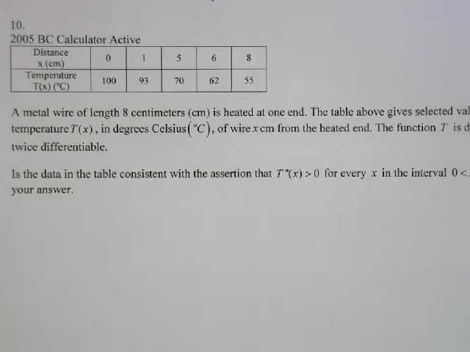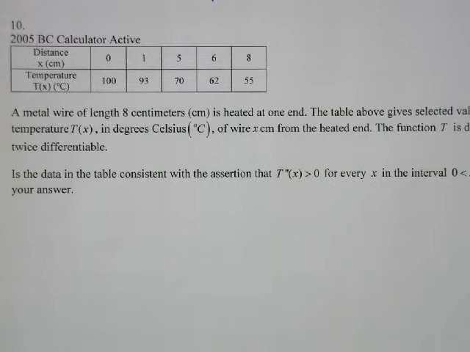Okay, last example. So a metal wire of length 8 centimeters is heated at one end. The table above gives selected values of the temperature T in degrees Celsius of the wire x centimeters from the heated end. The function T is decreasing and twice differentiable.